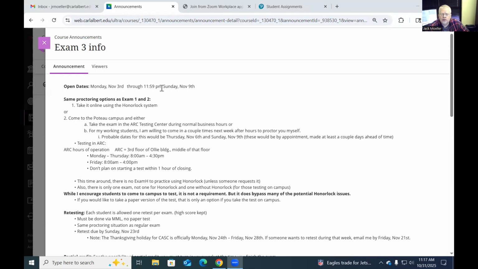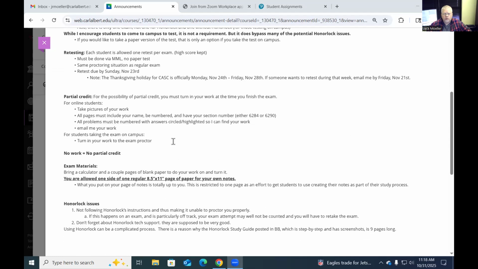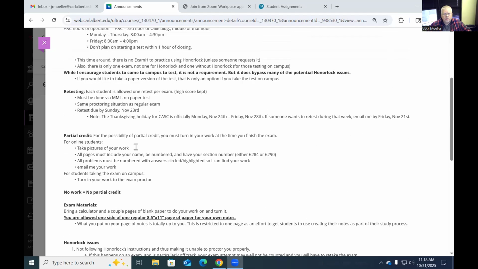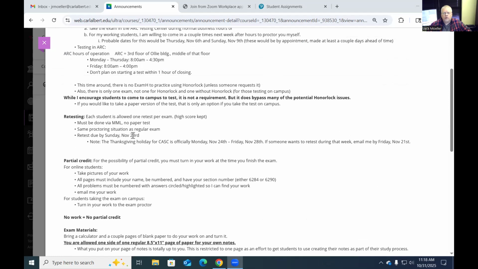The retest will be open basically up to the Sunday before Thanksgiving week. And if somebody's interested, I can even let you take the retest during Thanksgiving week. That's up to you, and I just need to know. But the official due date for the retest is Sunday, November 23rd.